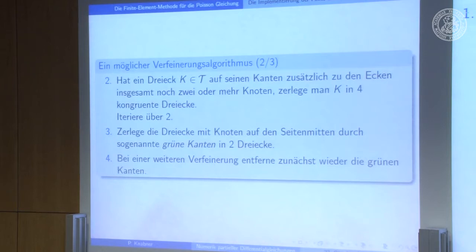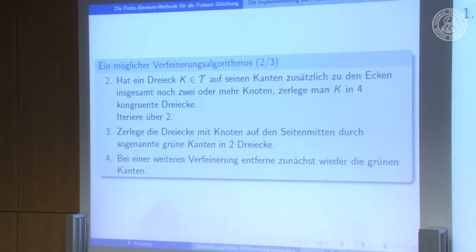If there are 2 or more additional nodes, we subdivide this triangle into 4 congruent triangles, so we do a red refinement step. And we do this as long as only triangles are left which have 1 additional node, or, of course, none. And then we take the triangles with 1 additional node and do a green refinement step. So we subdivide these remaining triangles into 2 triangles.